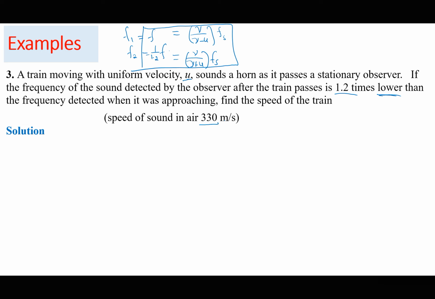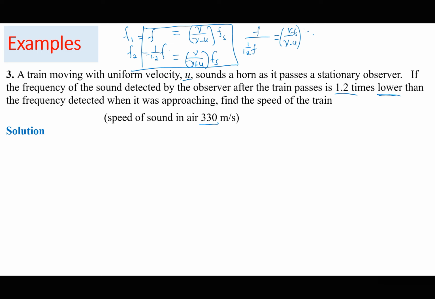I have V as 330. So the only unknown remaining there is going to be U, because the others are going to disappear. So let's say I divide the first equation by the second equation. So I have F divided by 1 over 1.2F is going to be equal to V over V minus U times Fs.